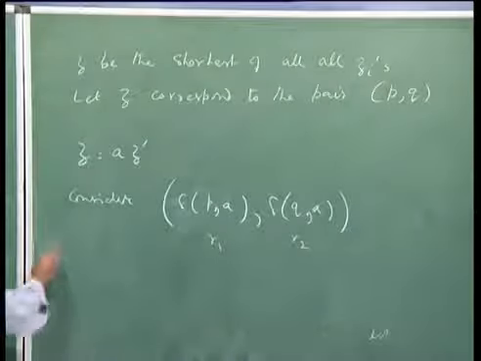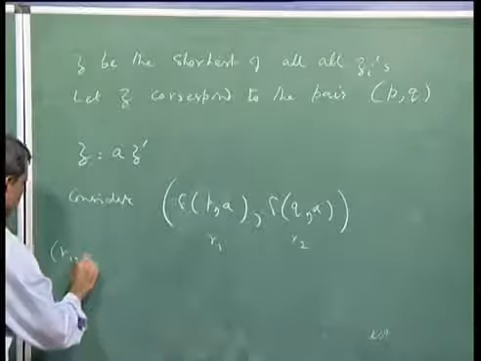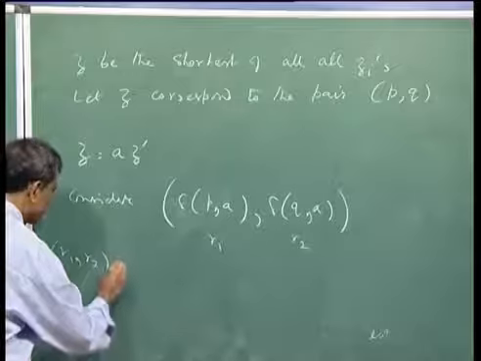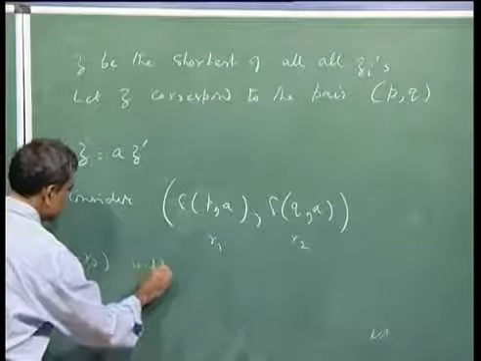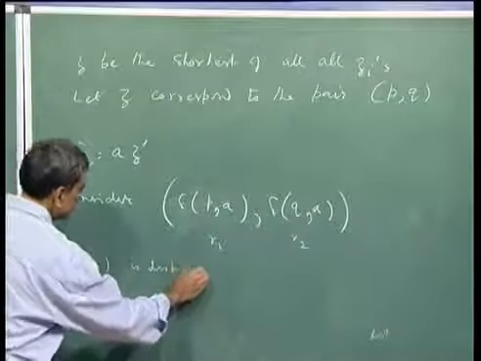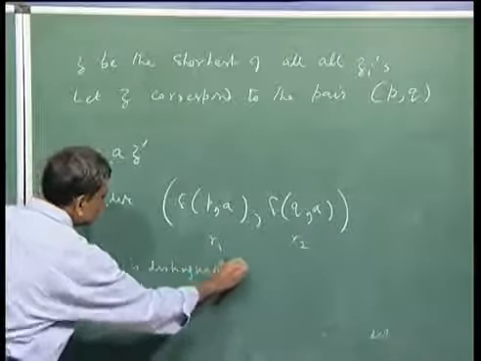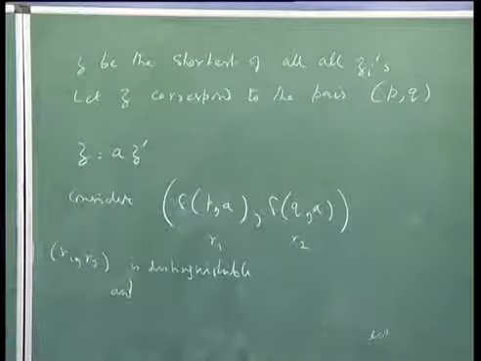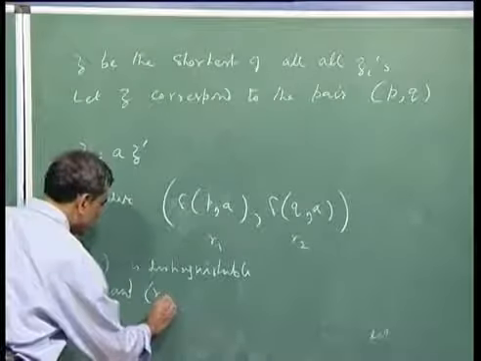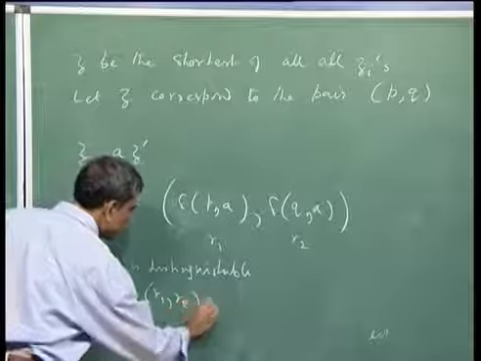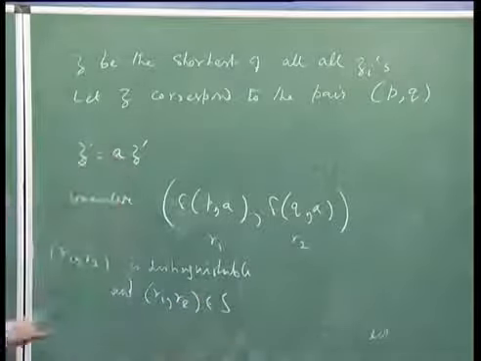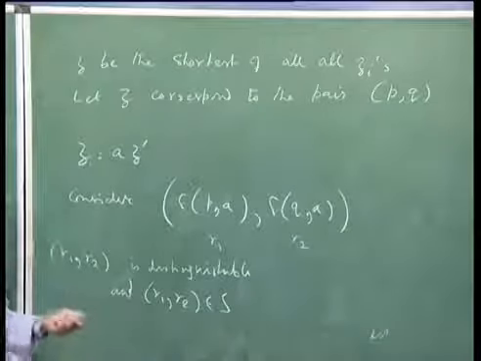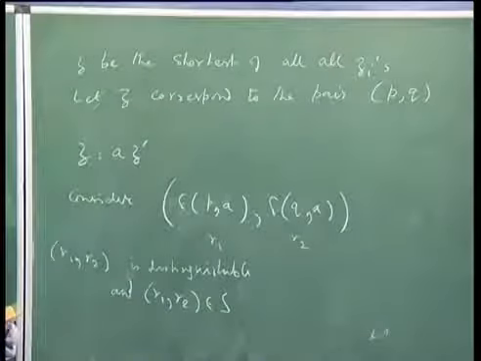Now, I claim two things: firstly, R1, R2 is distinguishable, and secondly, R1, R2 is in S. That means this distinguishable pair would have been discovered by our algorithm.